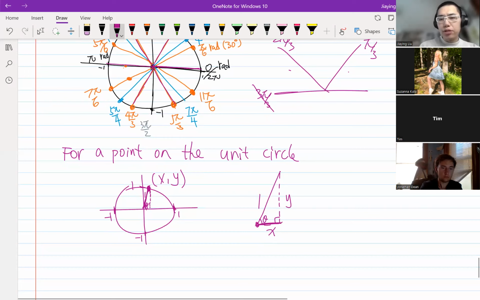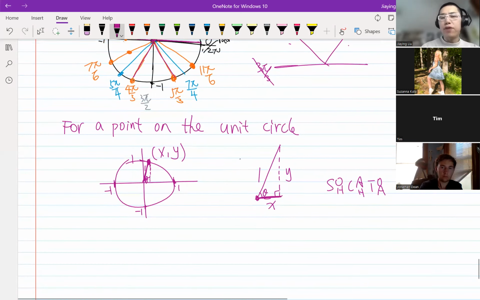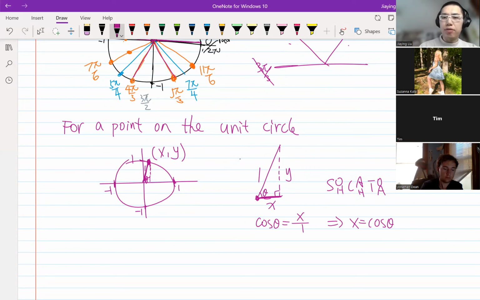So using SOHCAHTOA, we can find x because we know that x over 1, the adjacent to this angle divided by the hypotenuse, is equal to cosine theta. So we get x equals cosine of the angle theta. And similarly, we can find y by using sine theta equals y, the opposite, divided by the hypotenuse 1. So we get y equals sine theta.